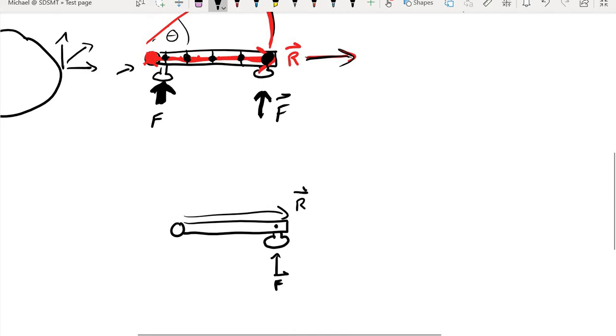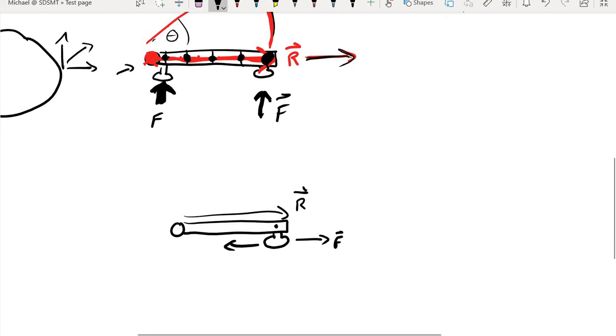So there's our force applied at a distance of r. But what if I applied the same force not perpendicular to the door, but parallel to the door? In other words, what if you grabbed hold of the doorknob and you started pulling in the direction of the door? Or what if you started pushing in the direction of the door?